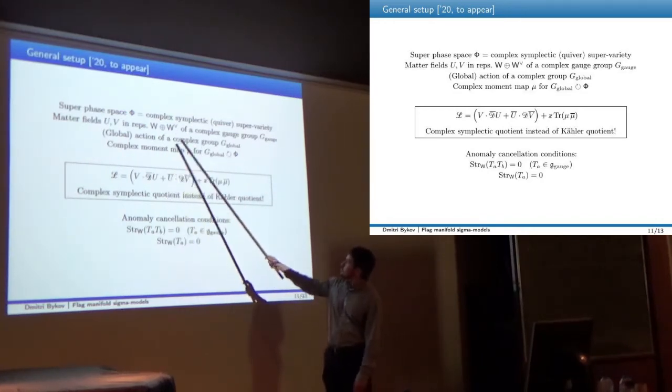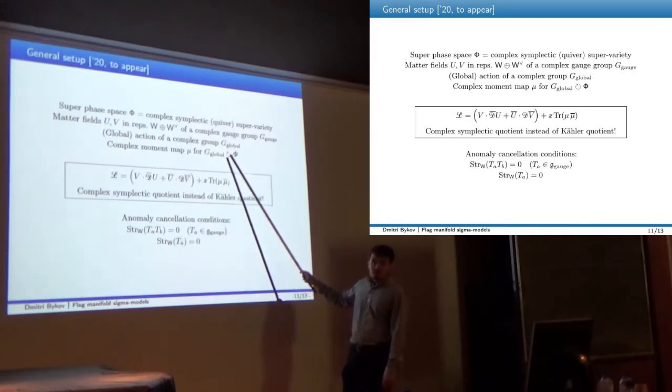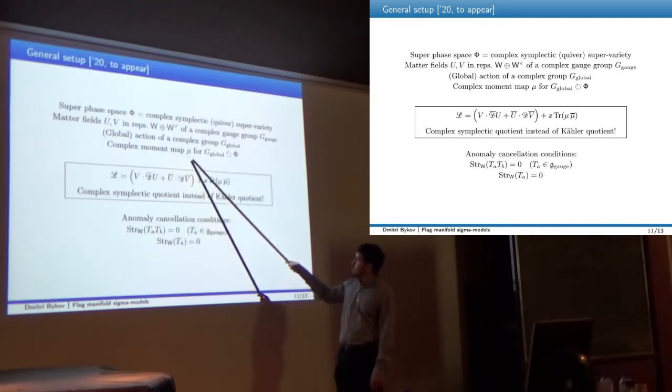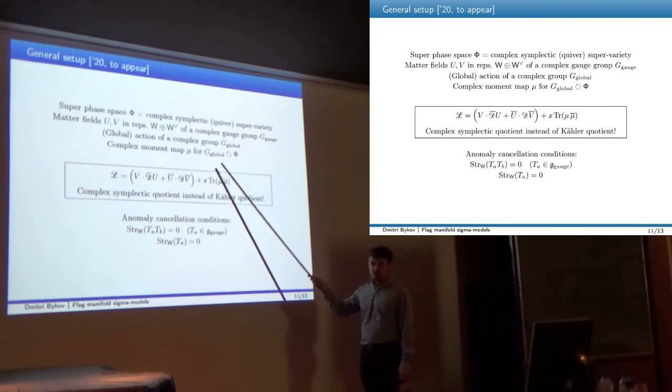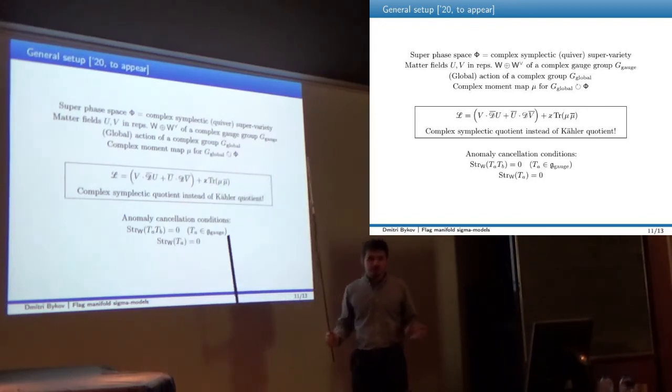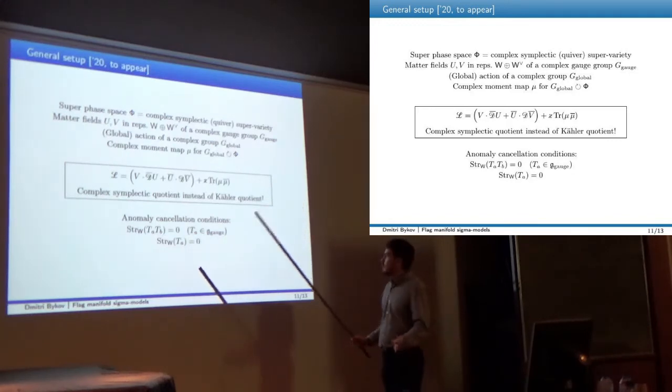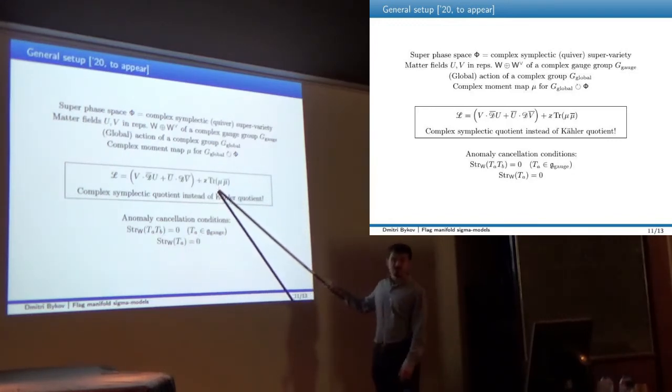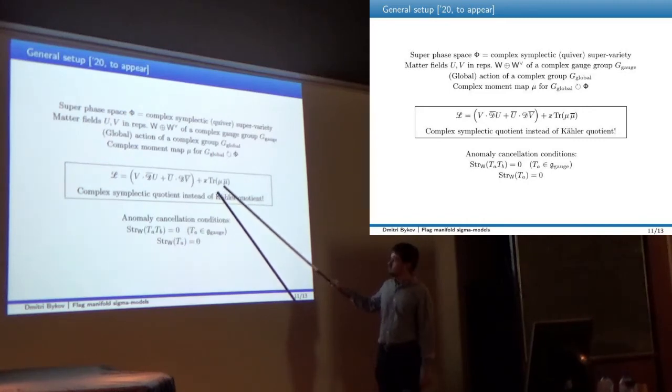Then there's a global action of a complex group G global. So you can construct a complex moment map μ for the action of G global. That's a completely well-defined procedure. You have a symplectic space, you have an action of a group, you construct a moment map. And then you write this Lagrangian. The interaction is just the coupling of two moment maps.